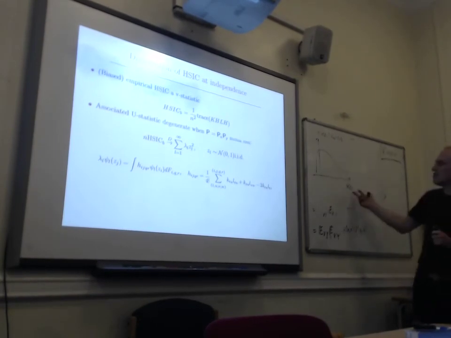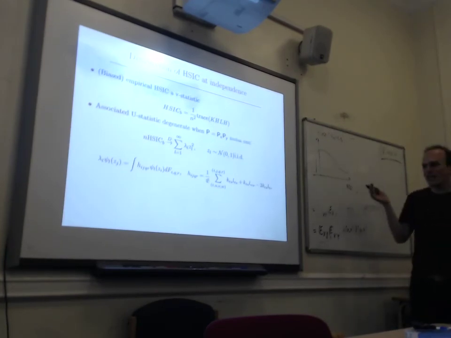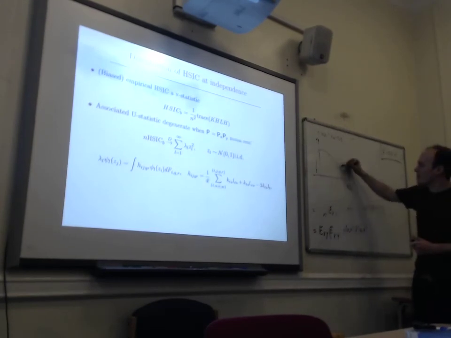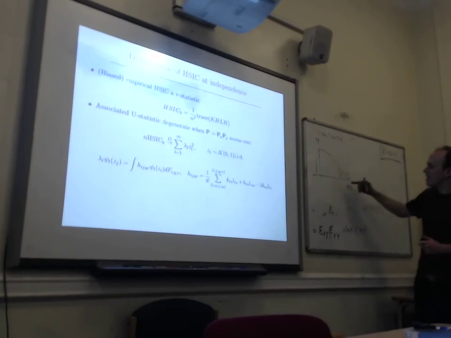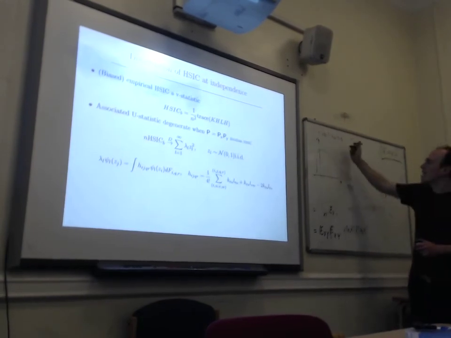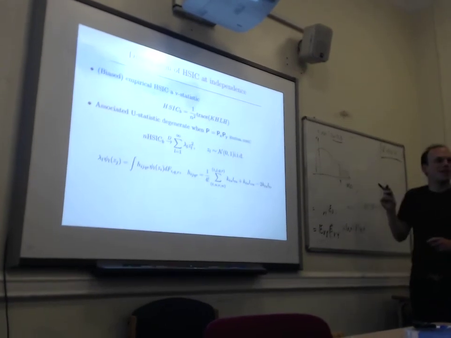So even though there's no dependence, because of the noise inherent in computing it from data, I'm going to get a distribution of statistics. I want to say, what is a threshold t such that it's very unlikely that my statistic will be in this region, given that I know that pxy is equal to pxpy.